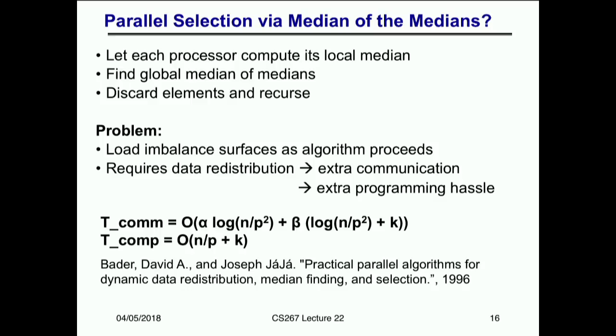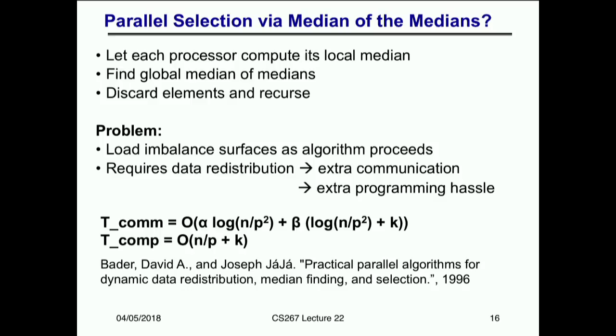But the good news is you can analyze this data distribution and say that asymptotically it's not hurting you too much. You can get a fairly complicated algorithm that will give you, at least on the computation side, something almost optimal. So N is the data size, N over P, linear, plus K. K is the number of elements you have to output anyway, so it's okay.